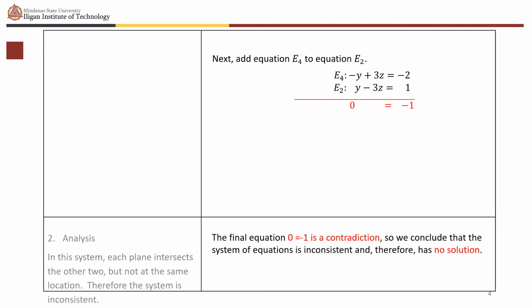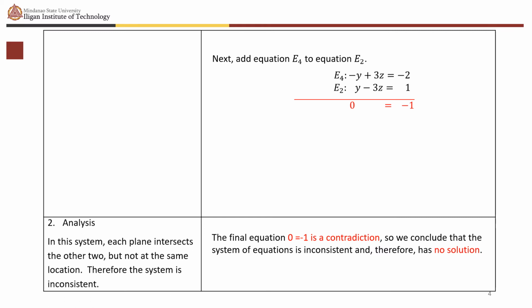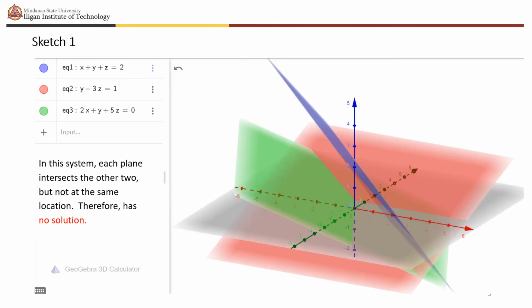And as for analysis, in this system, its plane intersects the other two but not at the same location. Therefore, the system is inconsistent. Graphically, we have the following. If you take a look at the graph here, equation x plus y plus z is equal to 2 is this violet graph here.